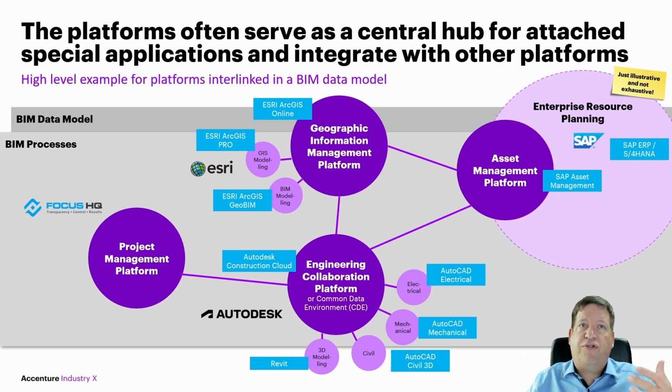And we will first jump into Autodesk, which is an example for an engineering collaboration platform, or sometimes also called a common data environment, CDE. Then I will show you the exact same information again in a geographic information management, GIS system in ESRI ArcGIS. And then we will also have a look into project management.